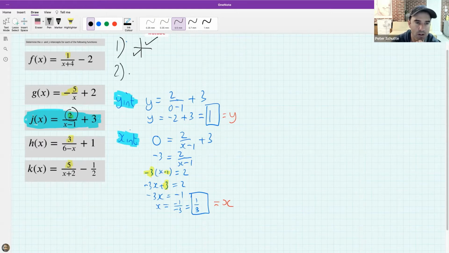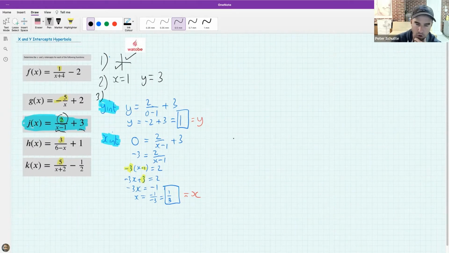Step 2 was my asymptotes, and I know that my asymptotes were going to be X is 1 and Y is 3. How do I know that? I'm looking at over here and over here. And then the third step was my actual intercepts, which we've just done now. Because I wasn't with you, I just want to make sure you know how to actually draw this graph.